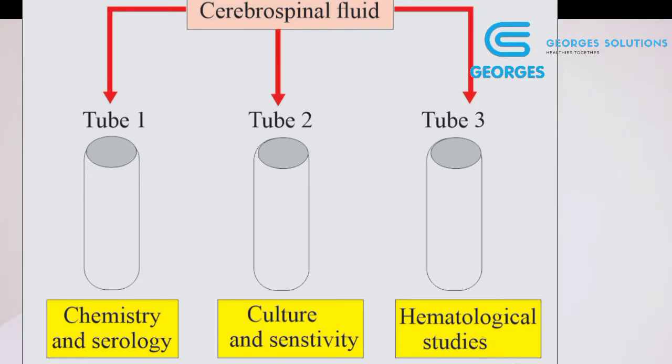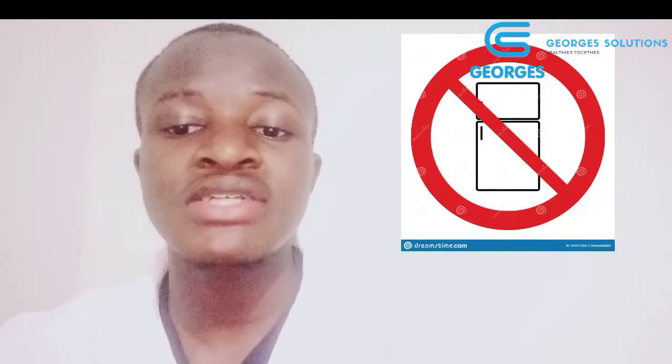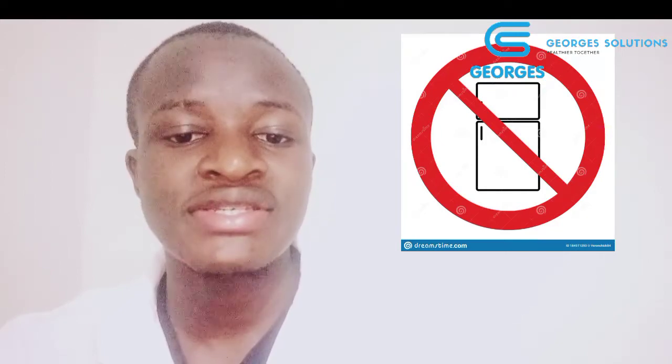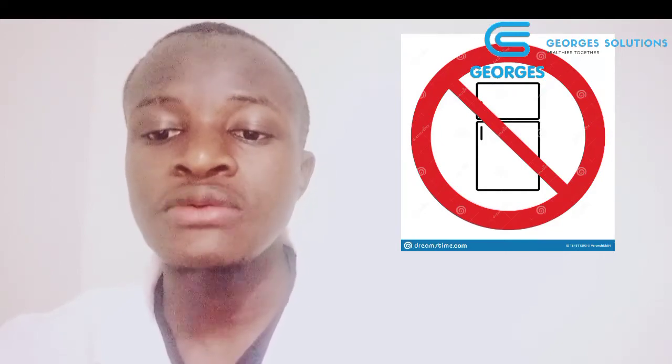Specimens of the CSF are immediately delivered to the laboratory and they should be given to the laboratory personnel with specific instruction regarding the testing that should be done. They should never be placed in a refrigerator because refrigeration alters the results of bacteriological and fungal studies. Analysis should be started immediately like I said before.